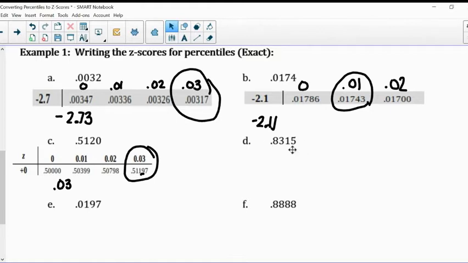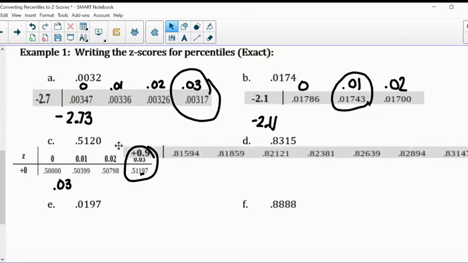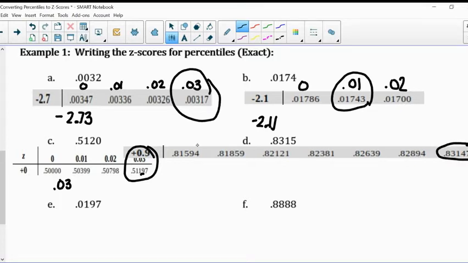Locate 0.8315 or something close to it on your z-score table. Sorry, it goes a little bit into the other one here, but if we look at our numbers here, okay, 0.83, this is 82, 82, 82, 82, up over here. Here's our number. So remember, this is the 0, 0.01. Oh, that's not 0.01.